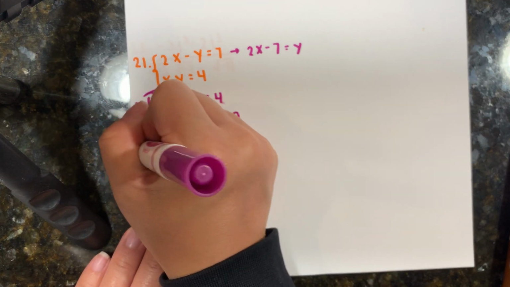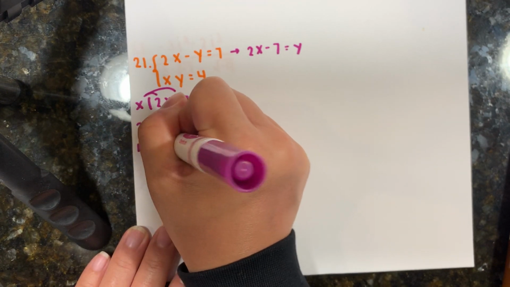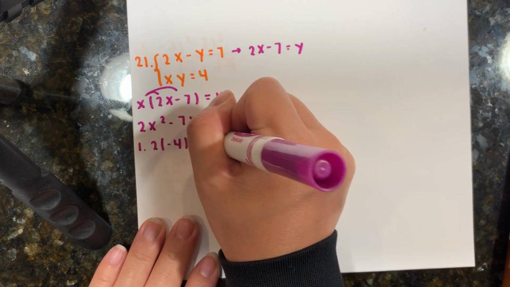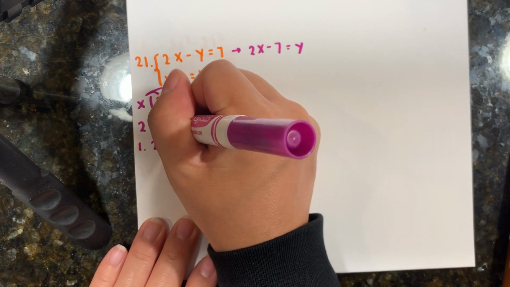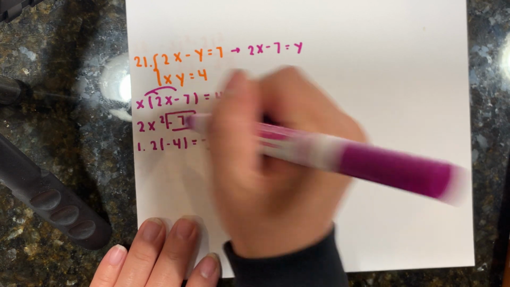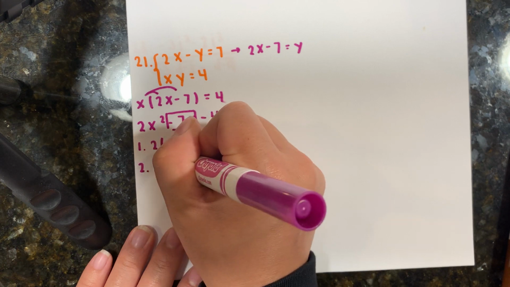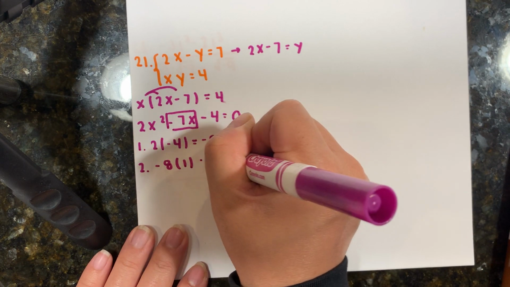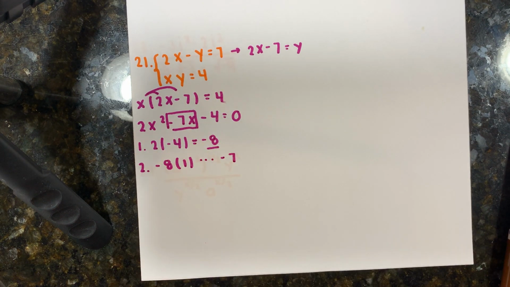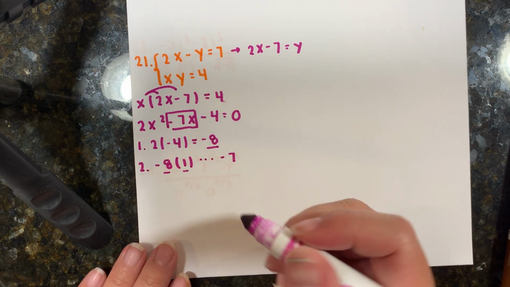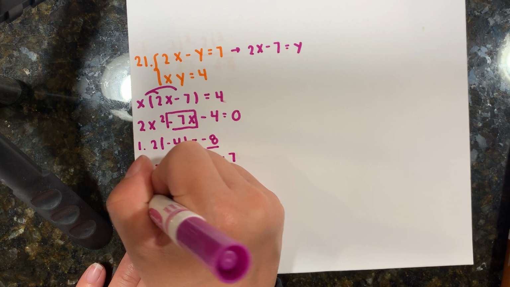So if I do first step, 2 times -4 gives me -8. Now two numbers that multiply to give me -8 but add up to give me -7 would be -8 and +1. They add up to give me -7. So the -8 and the 1 will replace your -7x.